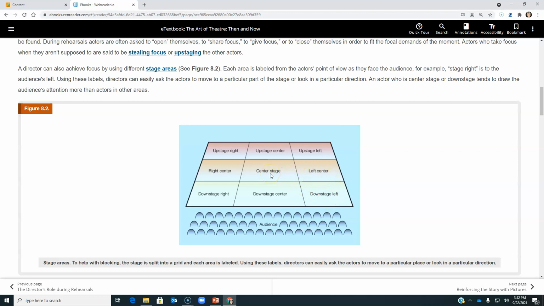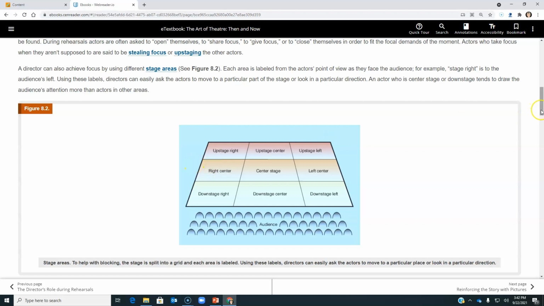So I would say, come enter from stage left, which would be over on, as we're looking at it, our right, and then walk to center stage, say this line, and then walk over to downstage right, and say these other lines. And then exit stage right.